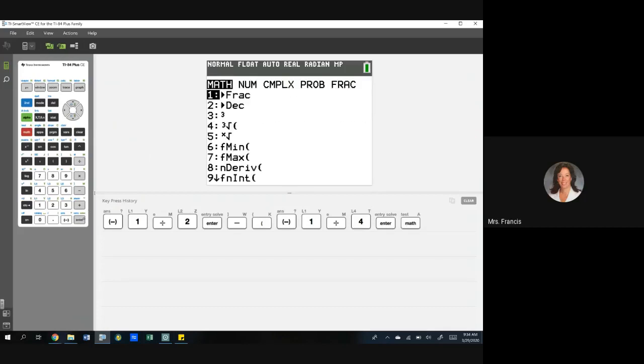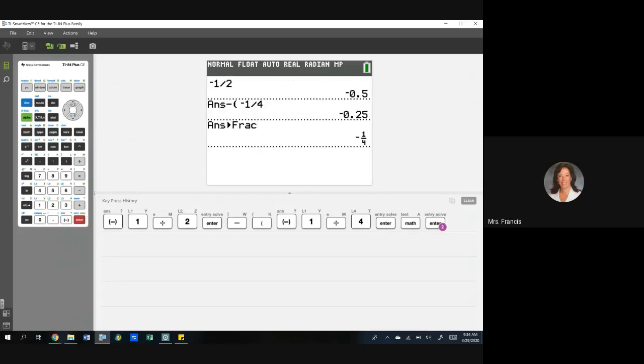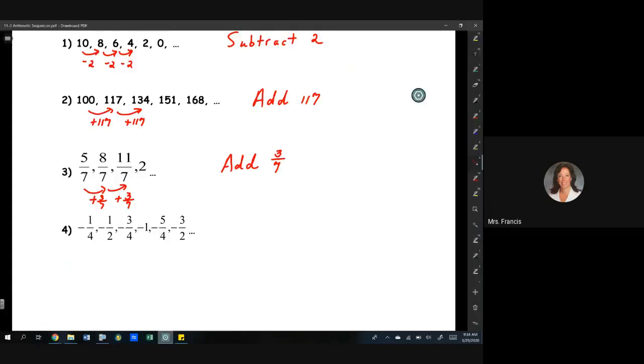You can go to math frac, so we're going to get -3/4. So we are adding -1/4, because -1/4 minus 1/4 gives me -2/4 or -1/2.